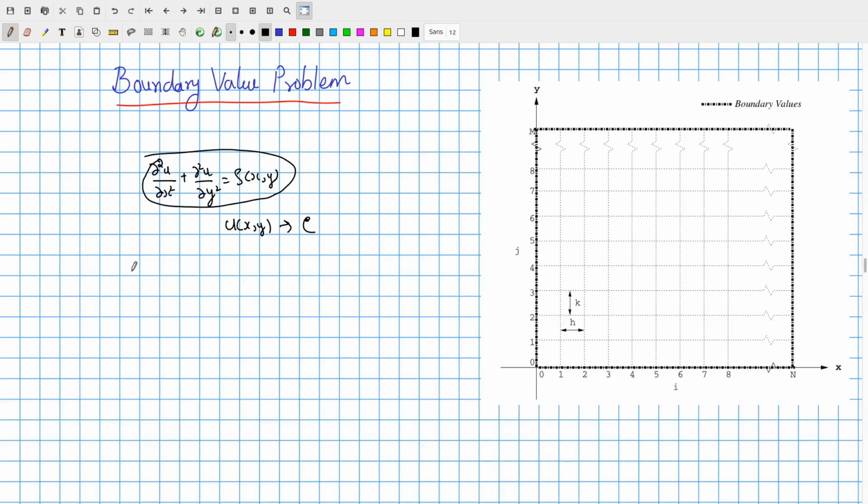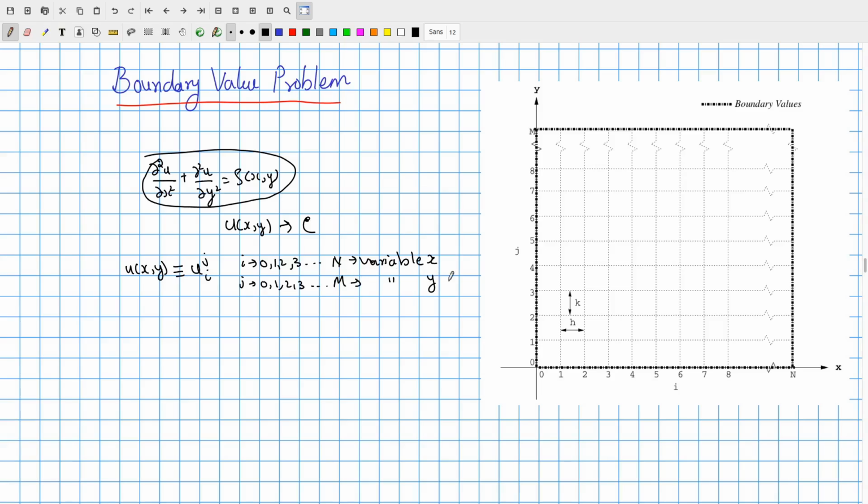We are going to write u of x comma y as u of i comma j, where i goes from 0, 1, 2, 3 up to some n, and this corresponds to the variable x, and j goes from 0, 1, 2, 3 up to m, and this corresponds to the variable y.